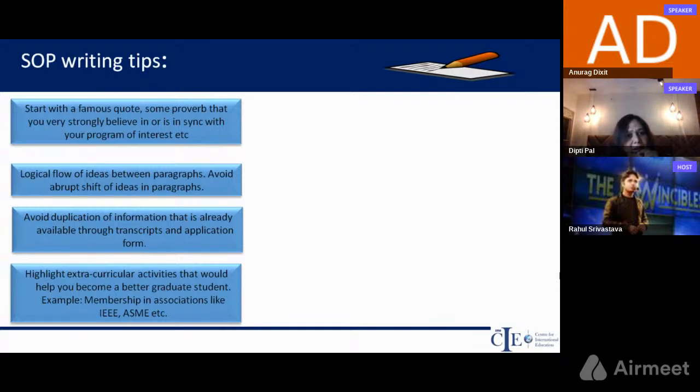Highlight extracurricular activities that help you become a better master's applicant. Universities appreciate it if you are an active member of various international associations like IEEE, Computer Society of India or ASME.